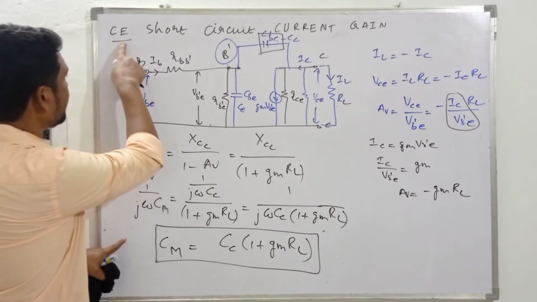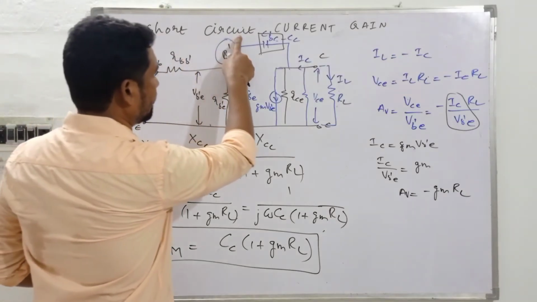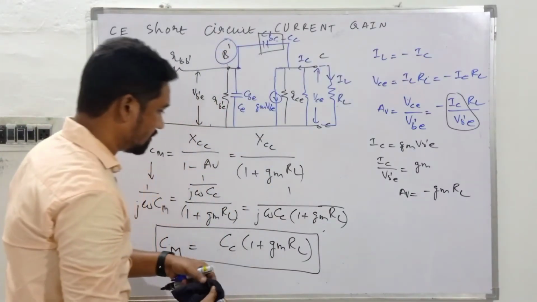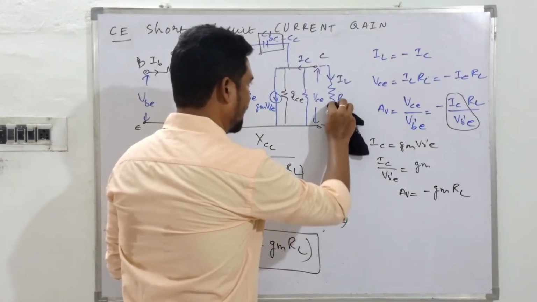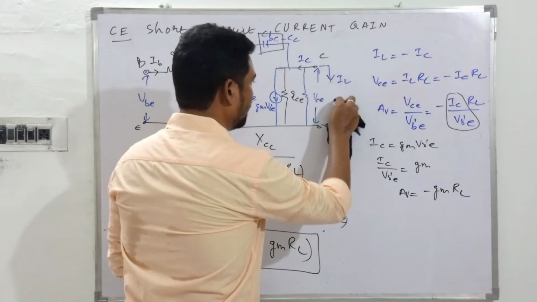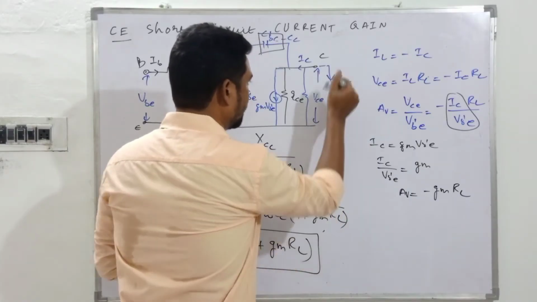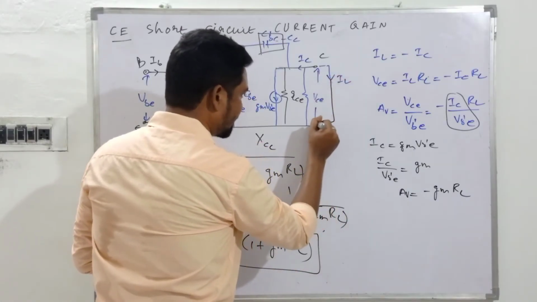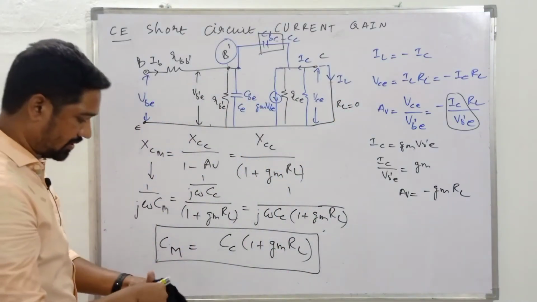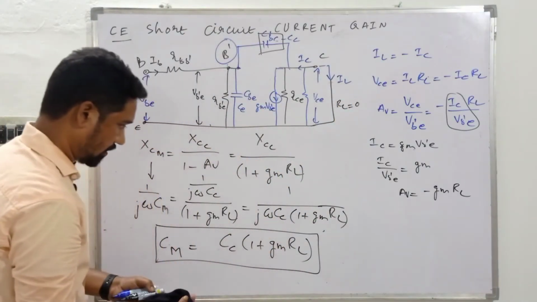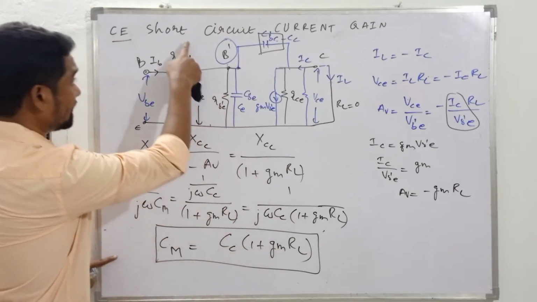Okay, CE short circuit current gain, short circuit in the sense, guys, here IL will be flowing, we have a short circuit over here, in the sense RL is removed, making it 0. This is 0 as far as this analysis is concerned.